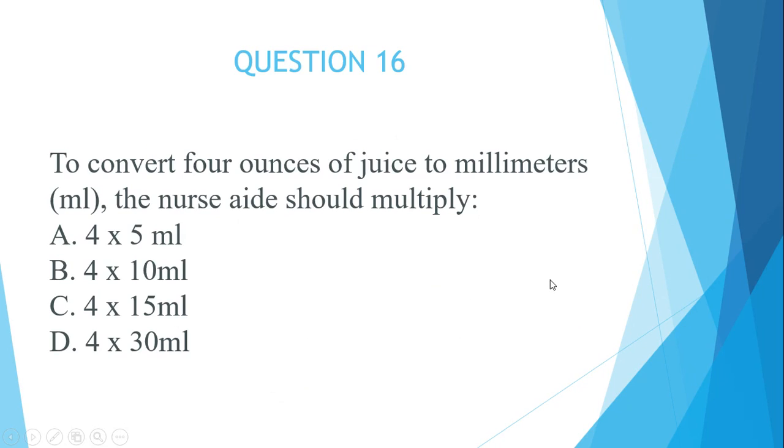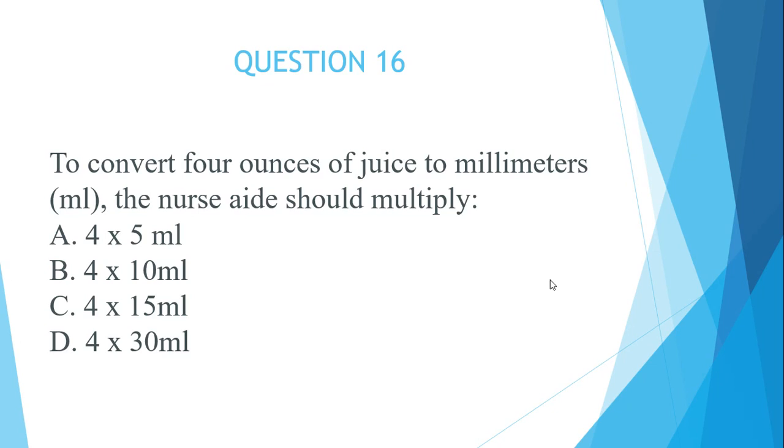Question number 16. To convert 4 ounces of juice to milliliters, the nurse aide should multiply by what? Remember, 1 ml is equal to 1 cc. So if you have 30 ml, it's the same thing as 30 cc.